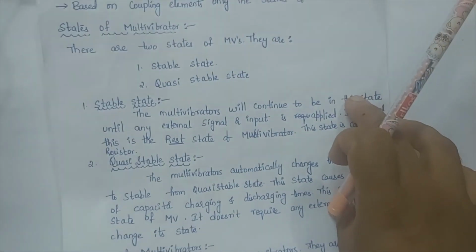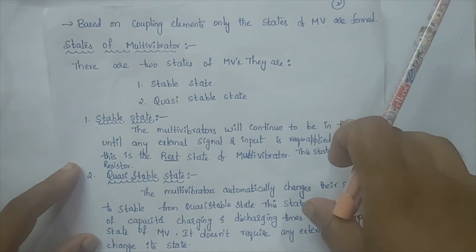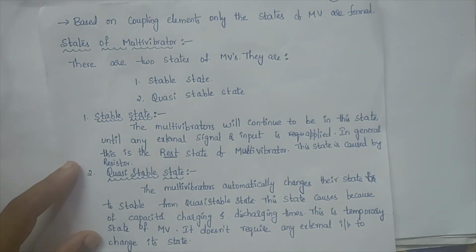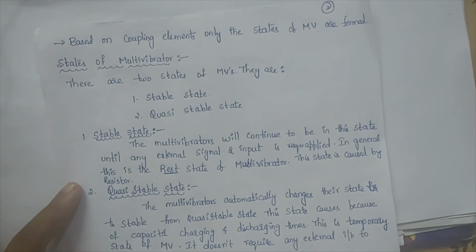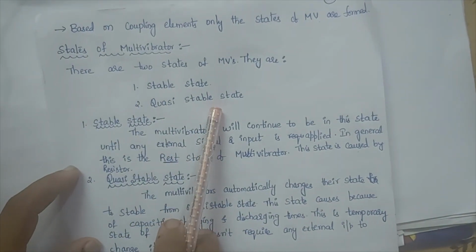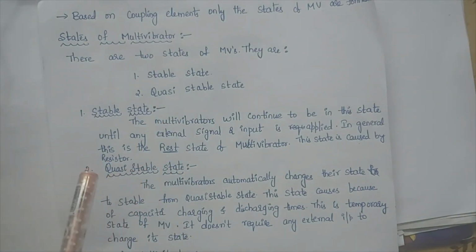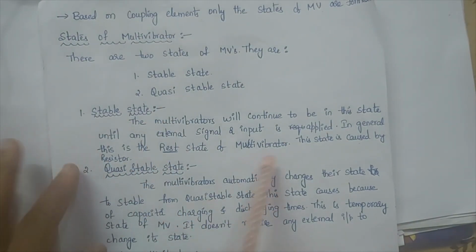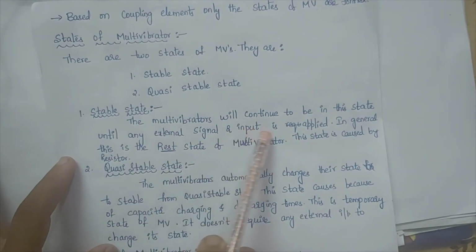Before going to the classification, let us see the states of multivibrator. There are only two states of multivibrator: stable state and quasi-stable state. Stable means constant state. That means the multivibrator will continue to be in this state until an external signal or input is applied.